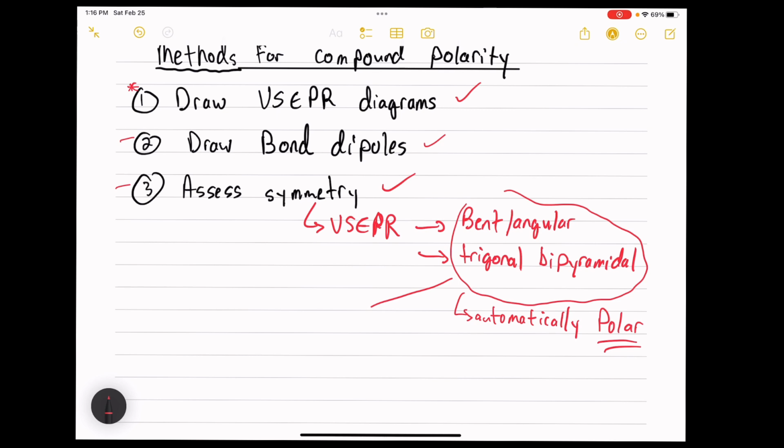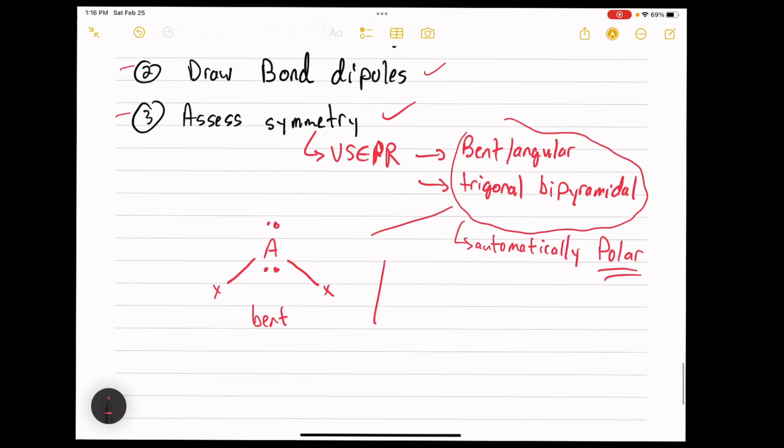And so just a reminder that your bent would look something like this with 2 lone pairs. Or the angular. And then the trigonal pyramidal looks something like this, where I'd have my hatched lines here, and there's a lone pair over here.